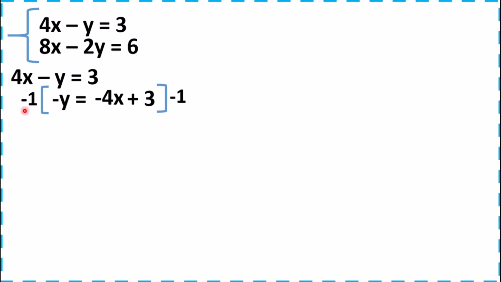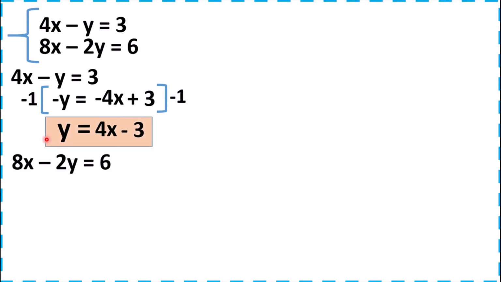So, negative 1 times negative y, we have positive y. Negative 4x times negative 1, we have positive 4x. Then, positive 3 times negative 1, we have negative 3. Okay, so slope is 4, y-intercept is negative 3. Okay, next. Second equation, 8x minus 2y is equal to 6. So, we have negative 2y equals, then yung 8x transpose to the right side, it will become negative 8x plus 6.